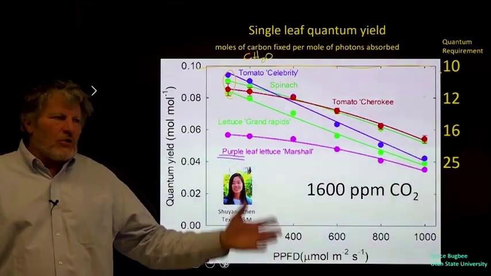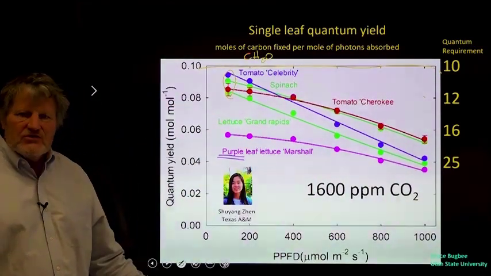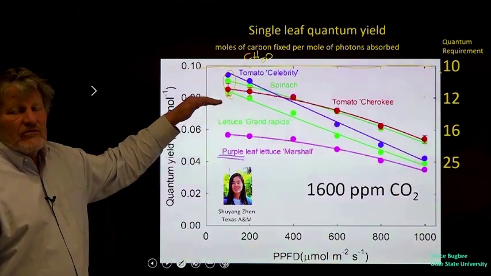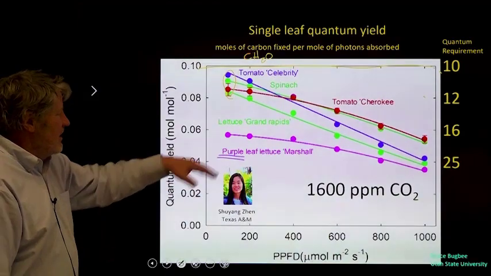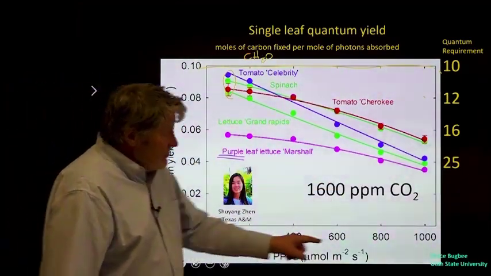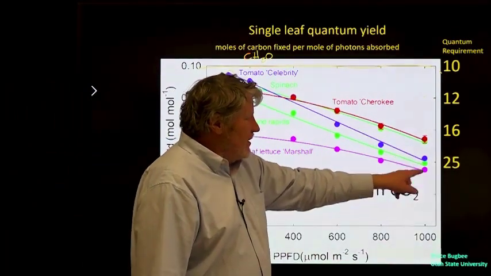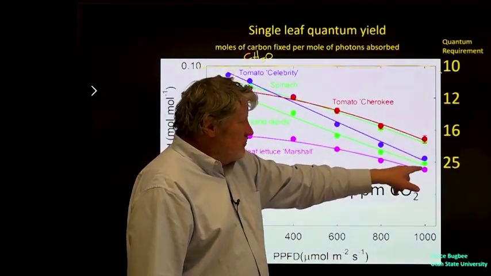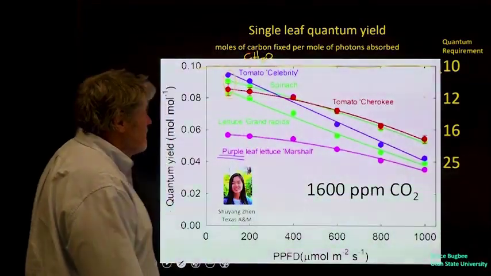It's dark purple. It's prized for salads, but all those anthocyanins come at a cost. They're not photosynthetic, and purple Marshall takes a hit until we get high light, and now it starts to get close. So the photoprotective pigments become useful in very high light.